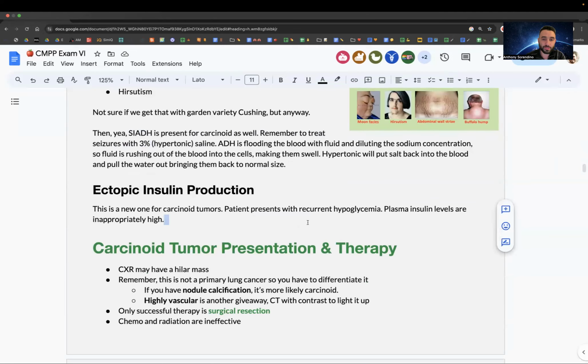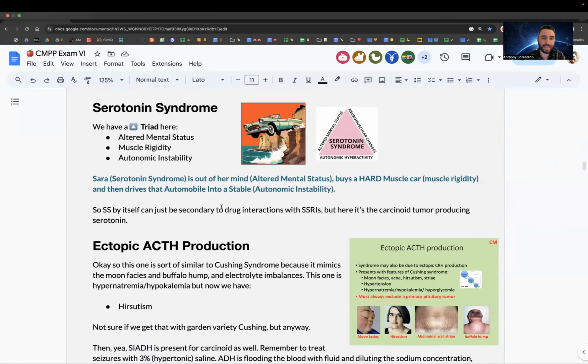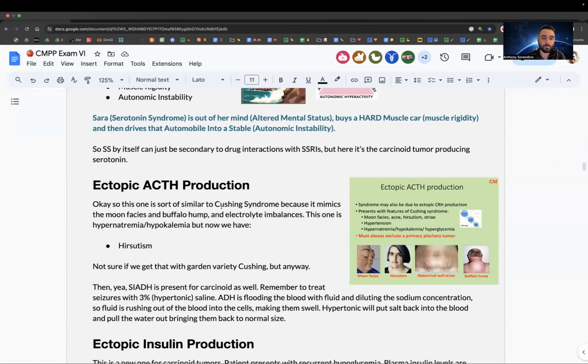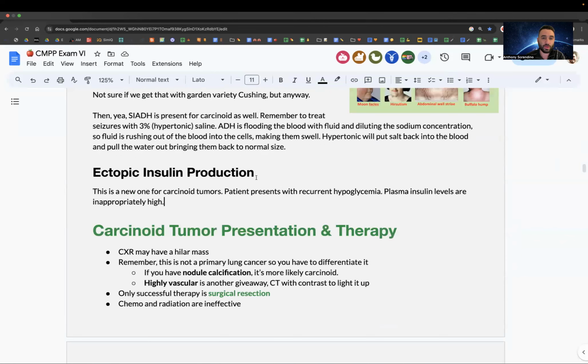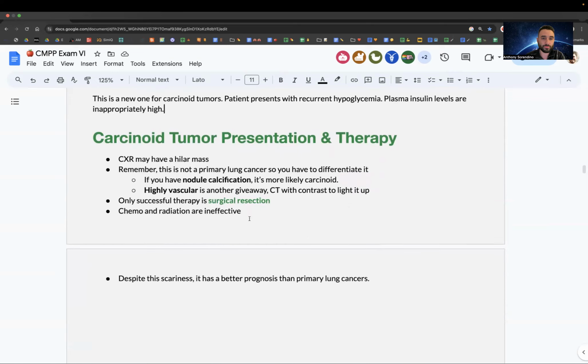Ectopic insulin production is a thing. Patients can present with recurrent hypoglycemia and high insulin levels. So again, this carcinoid syndrome is just mimicking all of these hormones. Carcinoid tumor, you might have a hilar mass on a chest x-ray. You might see nodule calcification. So if you see calcifications, it's most likely going to be carcinoid.